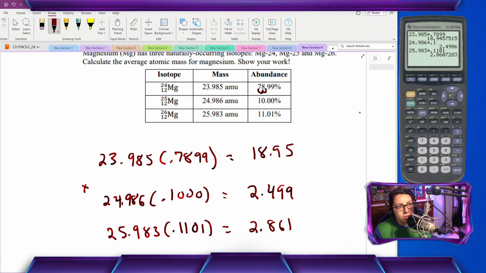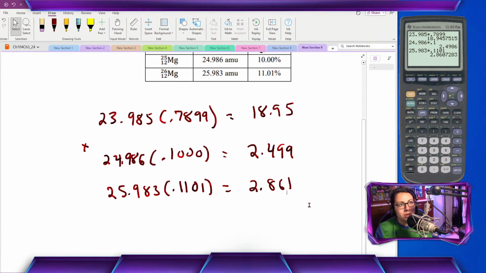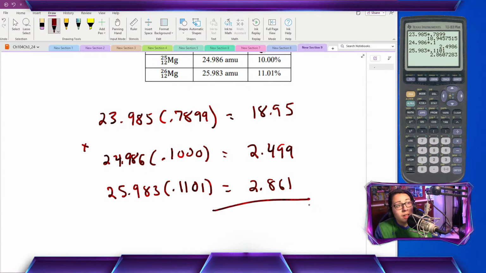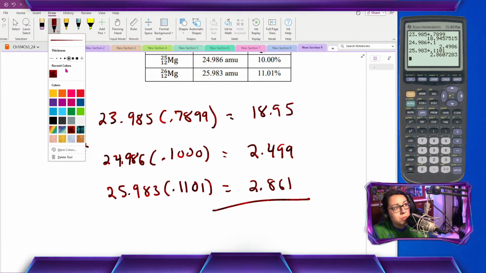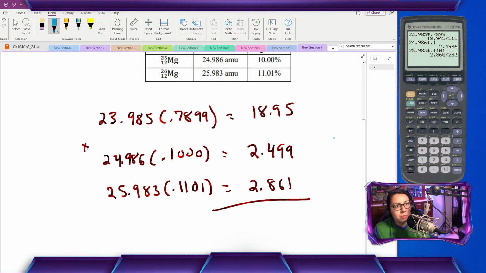Now we have to do the addition, and our addition rules for significant figures come into play. This means that we can only report 2 after the decimal place. That's our limiting factor there.